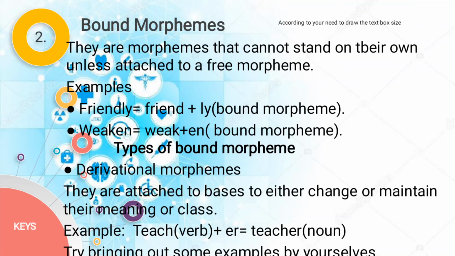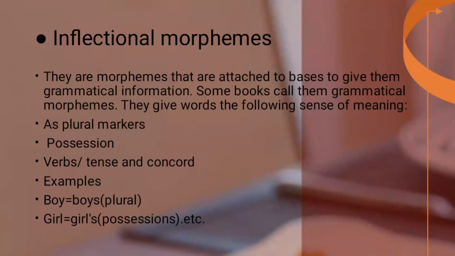It is noticed here that the class of the word has been changed to noun. And so we can say that er is a derivational bound morpheme that changes class. There are others too. Now we try bringing out some examples by ourselves.